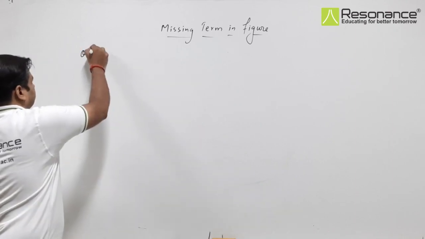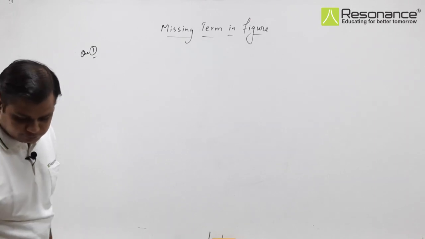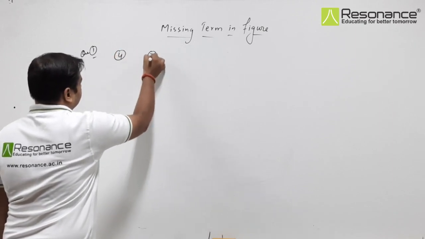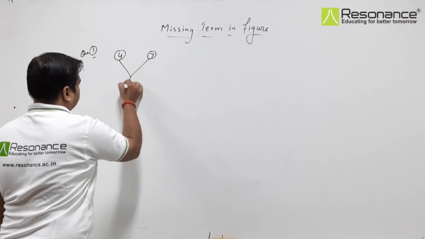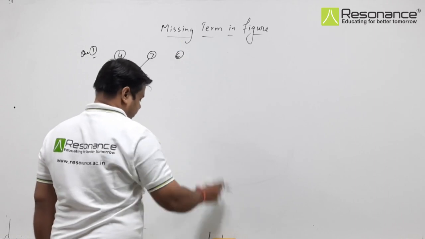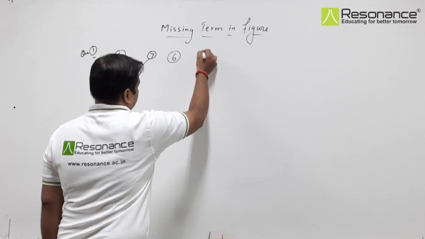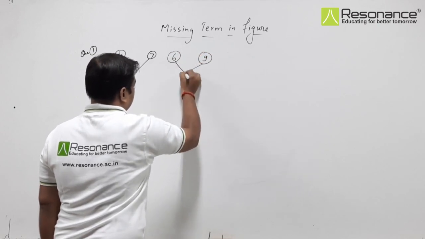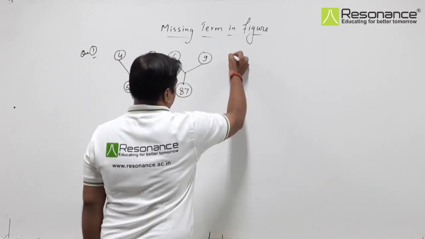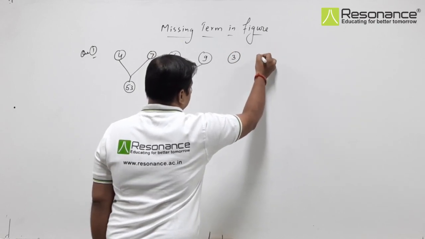So the first question: four, 7, 53, 6, 9, 87, 3, 5.